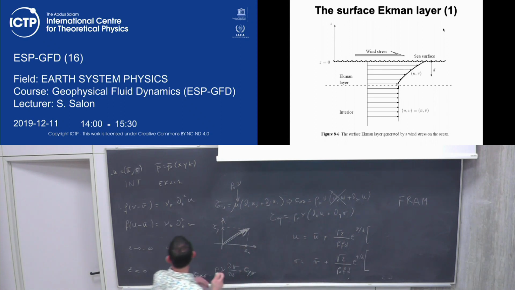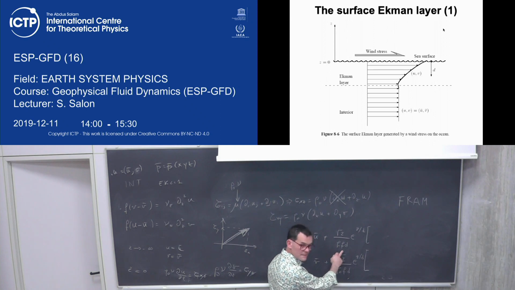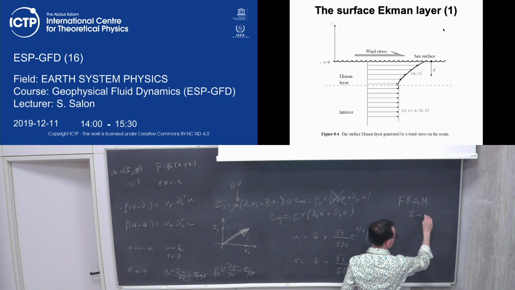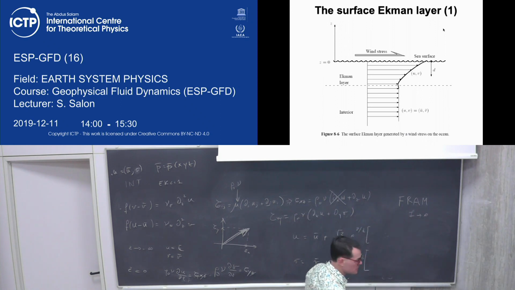So the more I'm going towards the equator, the stronger will be this one. Which one, the whole time or the Coriolis force? I didn't understand. You said the more you go towards the equator, the stronger would be. f. So f, if I go to the equator, f goes to 0, right? Because it's sine.